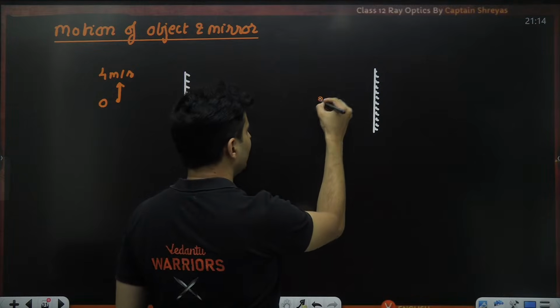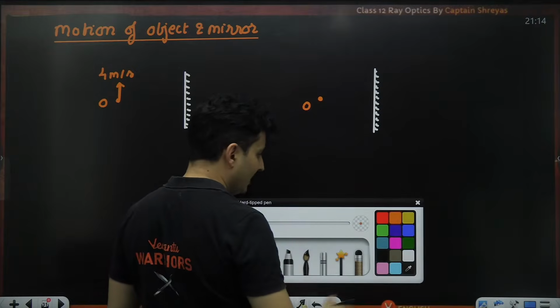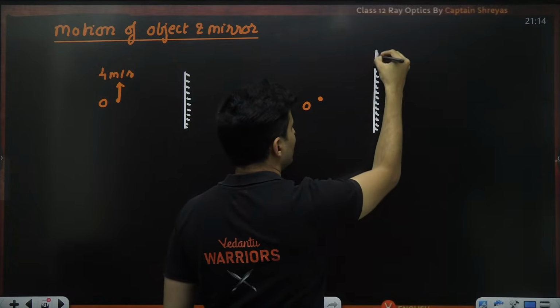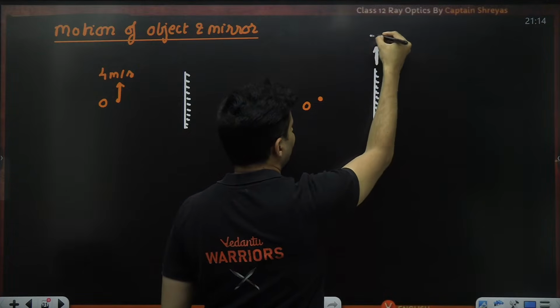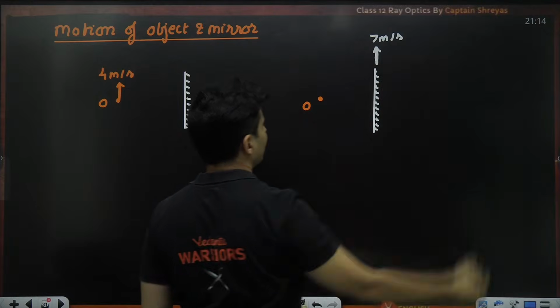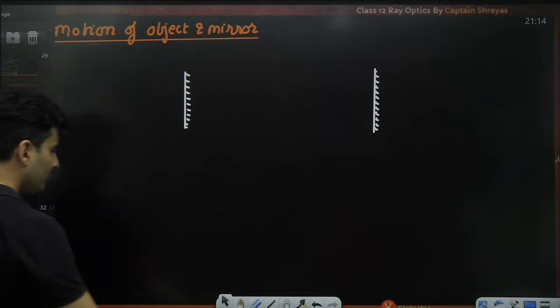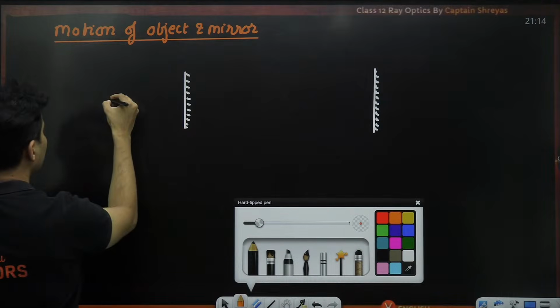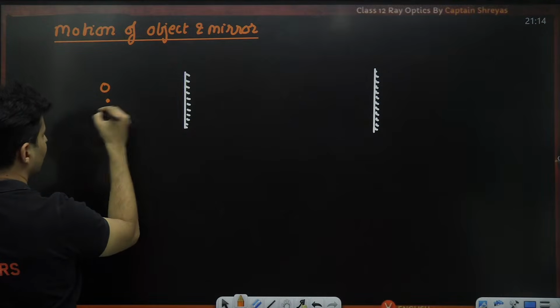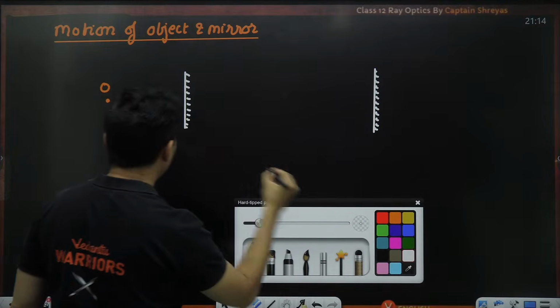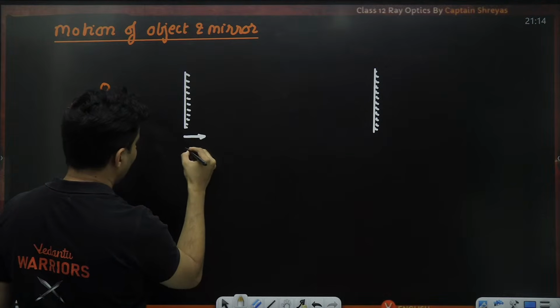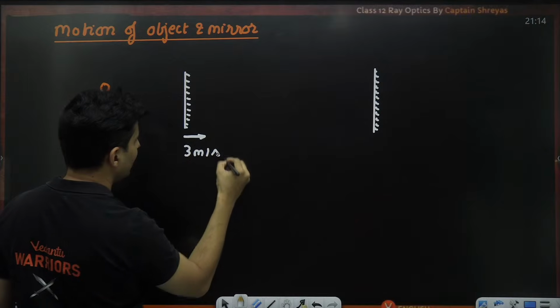Then we have the object at rest, but this mirror is going up at some speed of, let's say, 7 meters per second. Then we will take the scenario where our object is at rest, but it is this mirror which is moving at 3 meters per second.